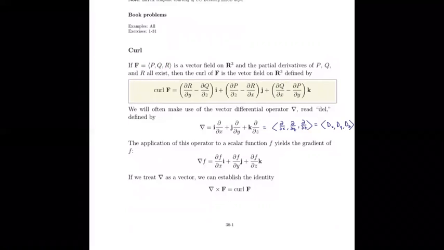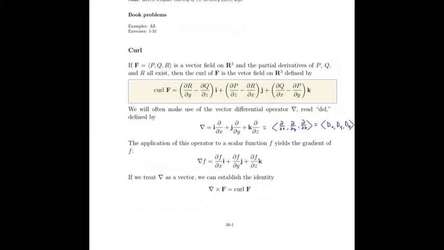Now let's apply that to the curl scenario. If we treat del as a vector, then we can cross a 3D vector with a 3D vector, F being the second vector here, and we end up with the curl of F.